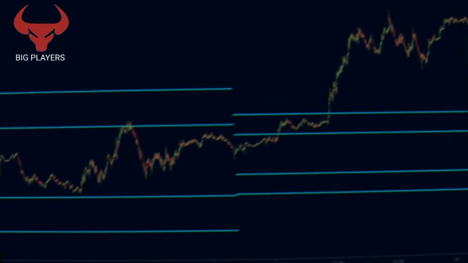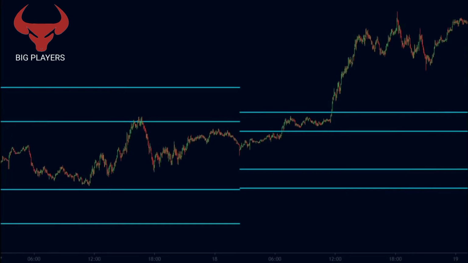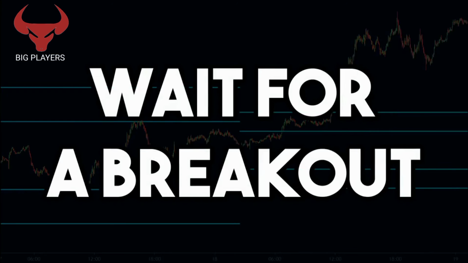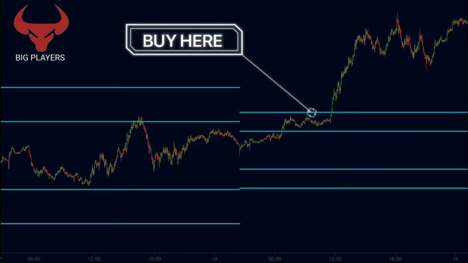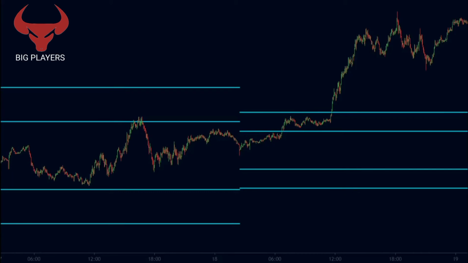Let us look at a buying setup. Here we see that the current day's R4 and S4 are inside the range of the previous day's R4 and S4. This shows us that the price is in a sideways trend. Hence we want to wait for a breakout. In our strategy, we will buy when the price closes above the R4.